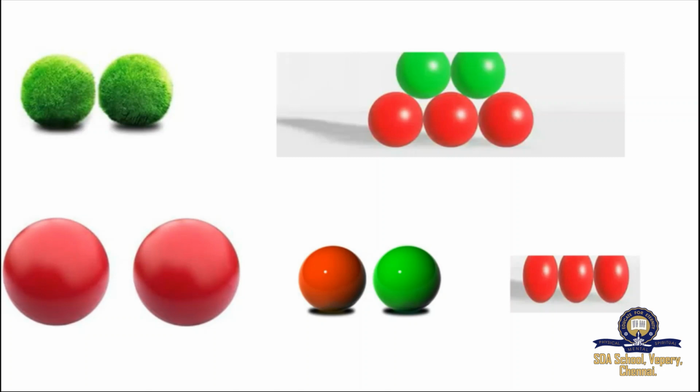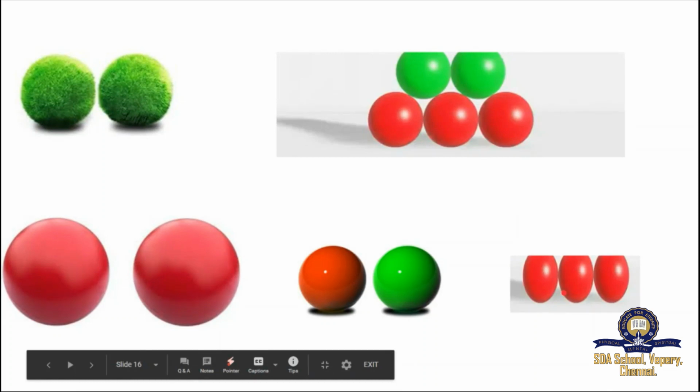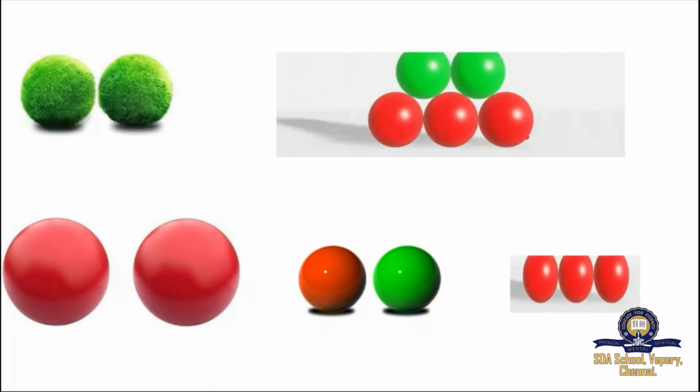So you can have a set of 2 green balls, 2 red balls, 1 red, 1 green, 3 red balls together, or 3 red balls, 2 green balls. So these are different arrangements which are possible if you have a set of 5 red balls and 5 green balls.